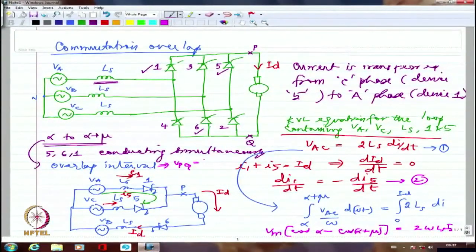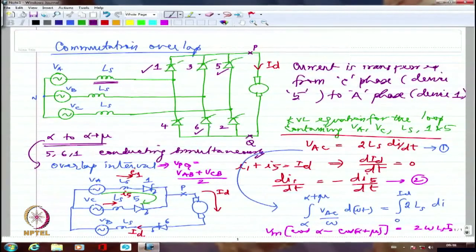That is the average of just 5 and 6 conducting and 6 and 1 conducting. Their average we took, and this is what we called the DC link voltage. And we also got the expression for the difference in the DC link voltages between when there is no overlap and when there is overlap, right?